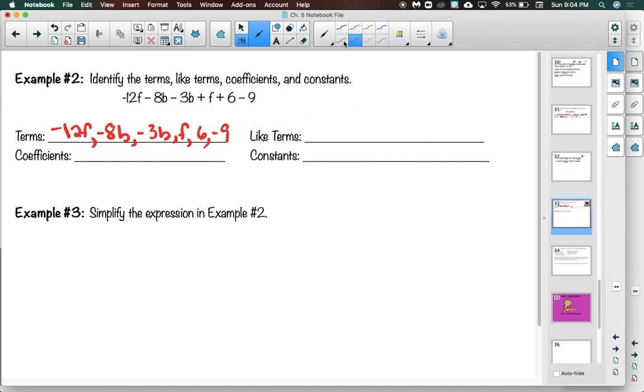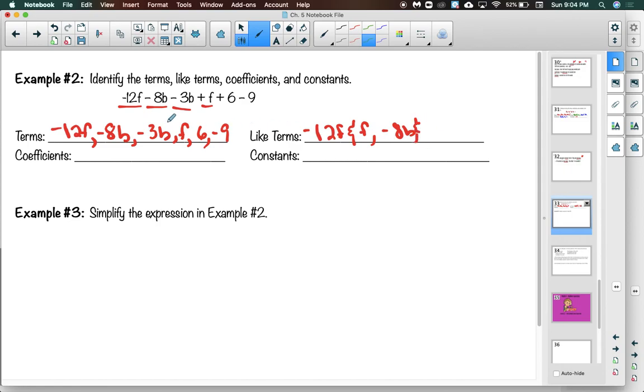Our like terms, I'm going to start with the f terms, right? So that's negative 12f and positive f. So that's one set of like terms. Another set of like terms are my b terms. Negative 8b. Trying to change colors there, it's not working on me.